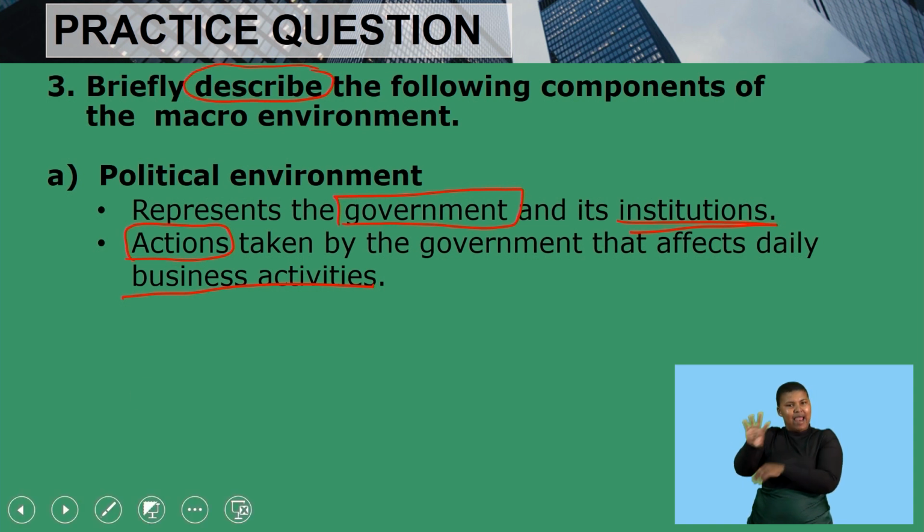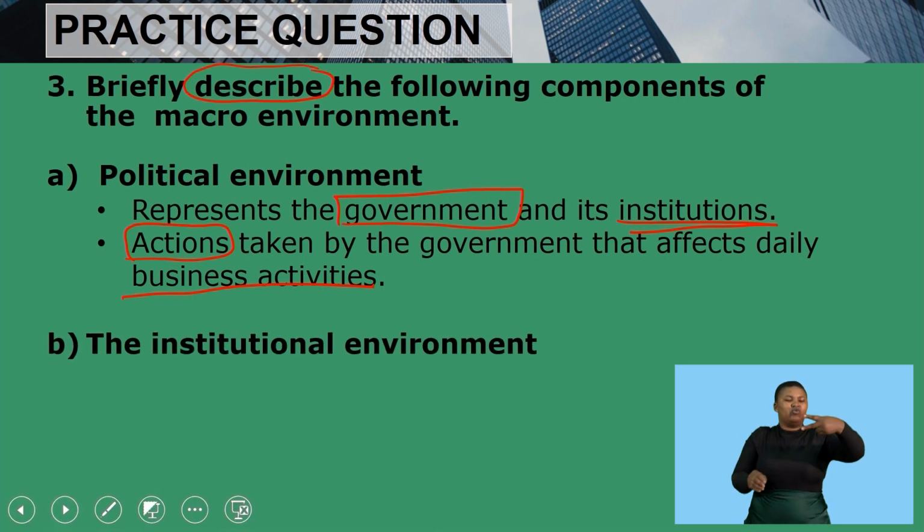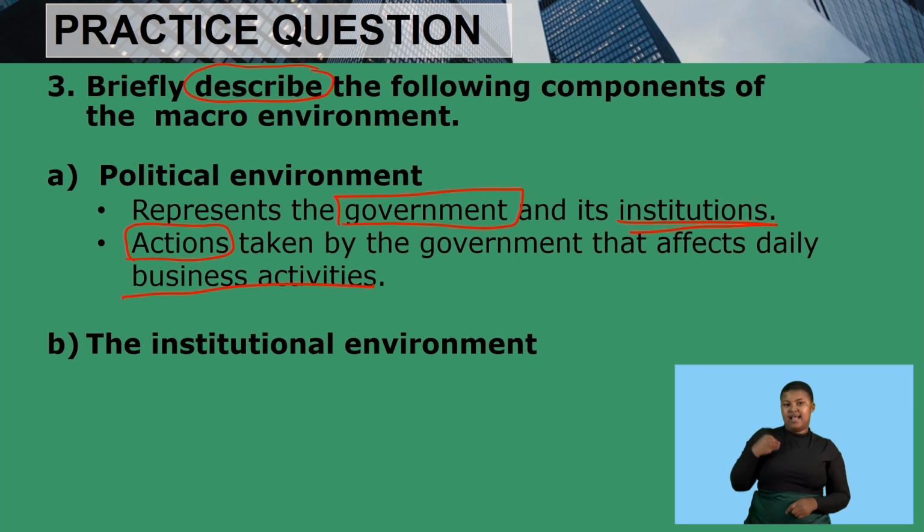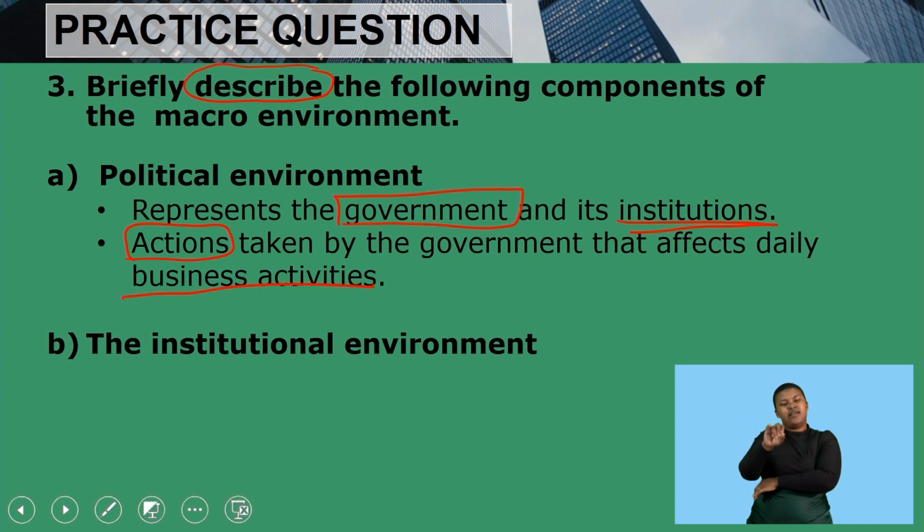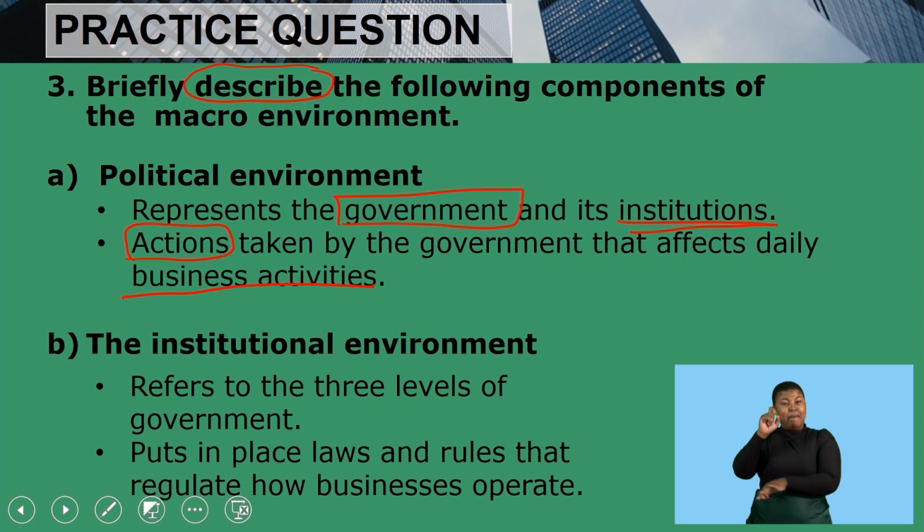I have only just put the political environment answer in there. But B, then you will see, asks for the institutional environment specifically. So here then we will refer to the specific institutions which will make rules for the business. So the first bullet says it refers to the 3 levels of government.